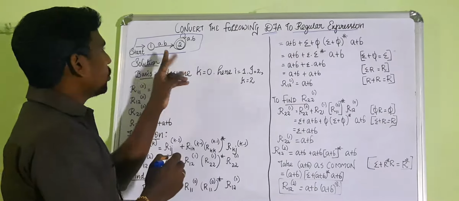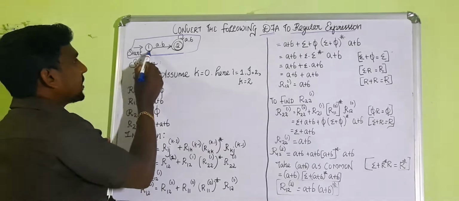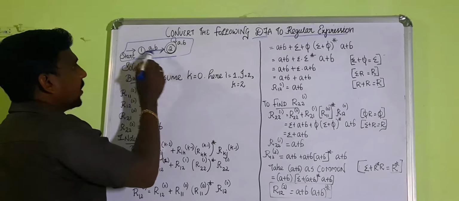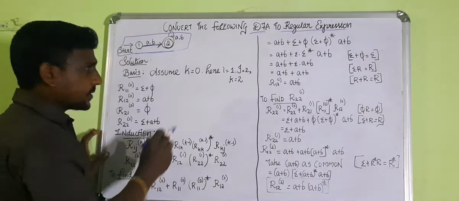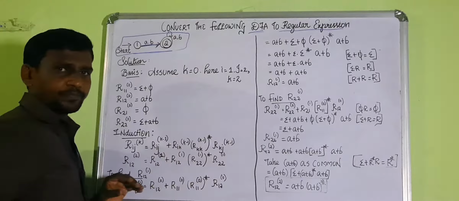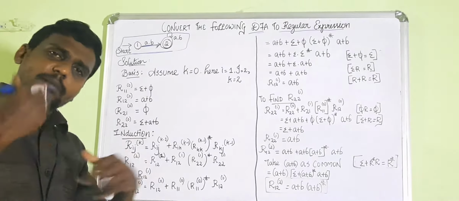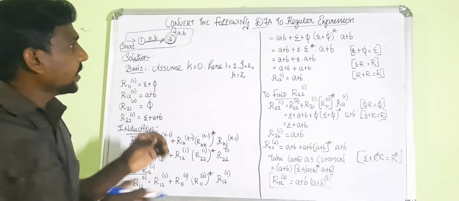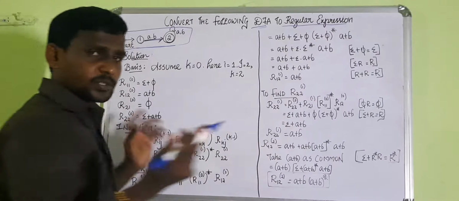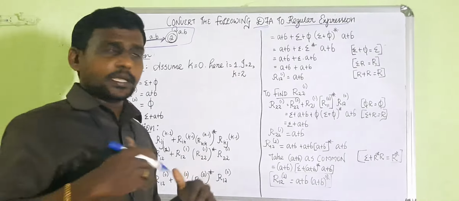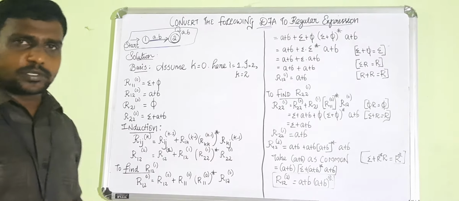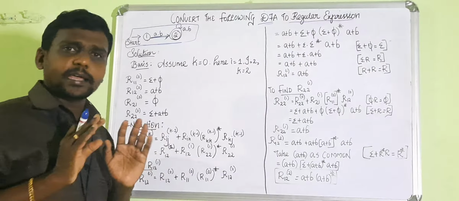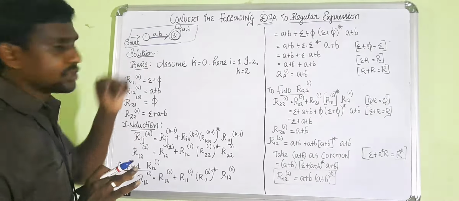How many inputs do we have? 2 inputs, A and B. Each state should read input A as well as B. State 1 reads A and B, similarly state 2 also reads A and B. If it reads only one input, or a number of times, that is NFA. You should be very clear about this concept, because if they ask finite automata to regular expression, no problem, but particularly they are asking DFA to regular expression conversion. So you have to check whether the given diagram is a DFA. Yes, this is a DFA.